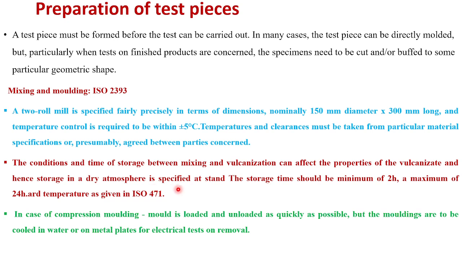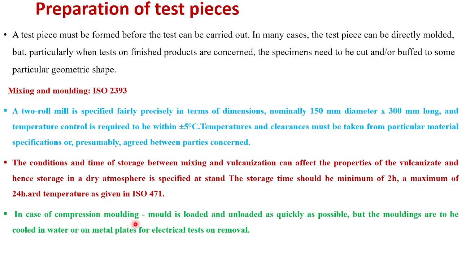So you must have an air conditioned room, or there must be cross verification of the humidity of the storage chamber, and the storage time should be a minimum of 2 hours between the master batch and final batch process, and a maximum of 24 hours. Everything is detailed in the ISO 471 standard.